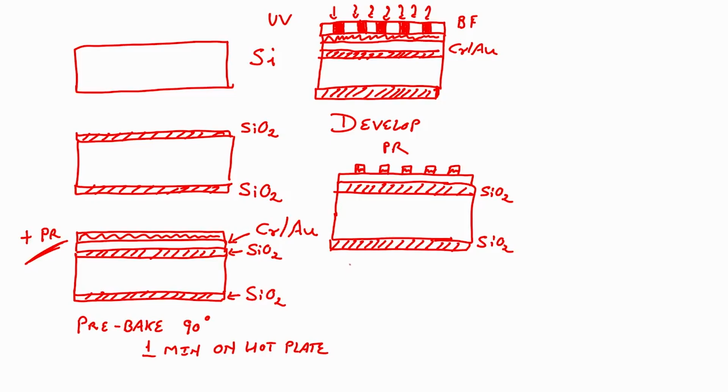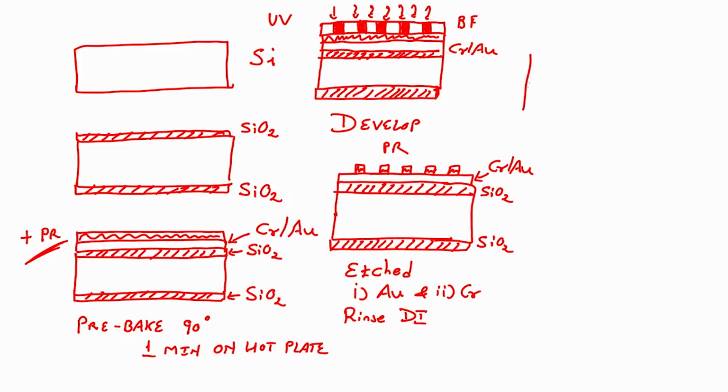After that, what have I done? I have etched this metal, chrome gold, first in gold etchant and second in chrome etchant. In between I have rinsed it with the help of DI water. Once I do that, what did I get?